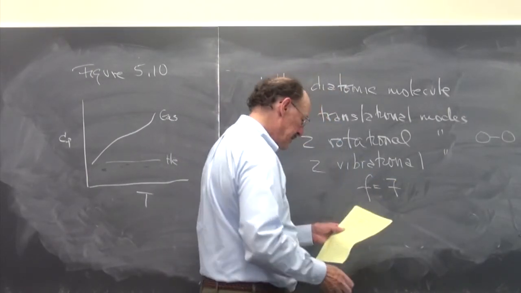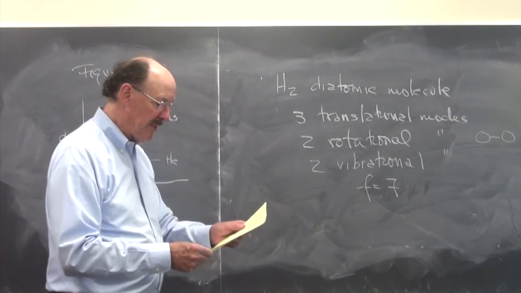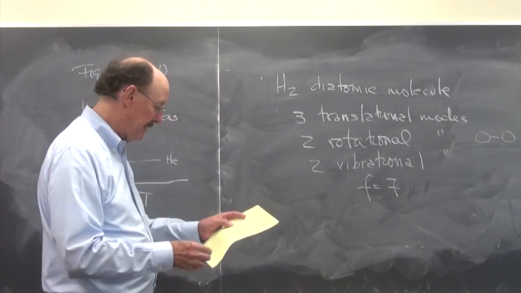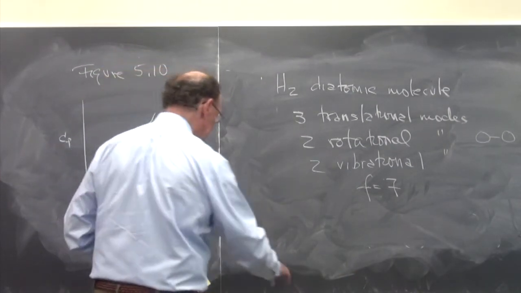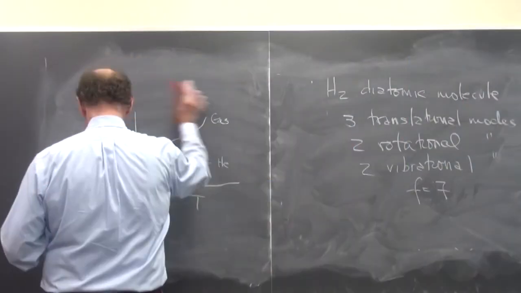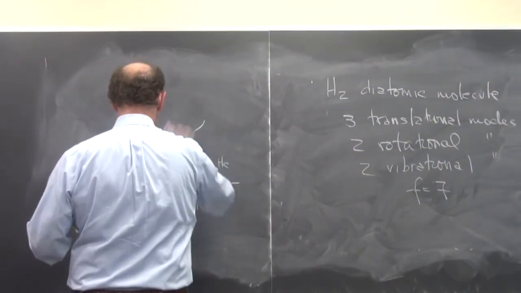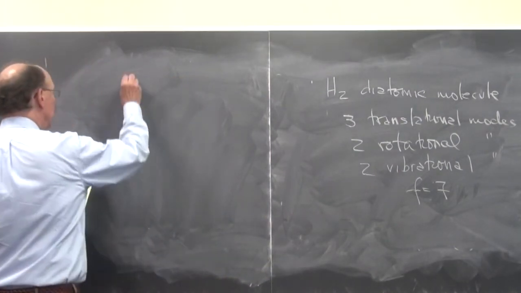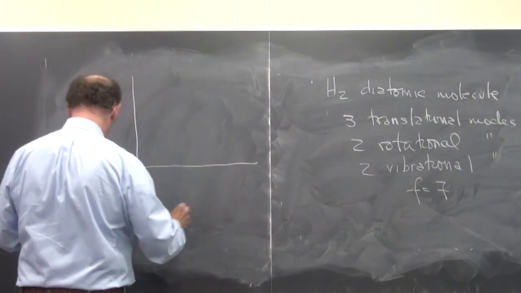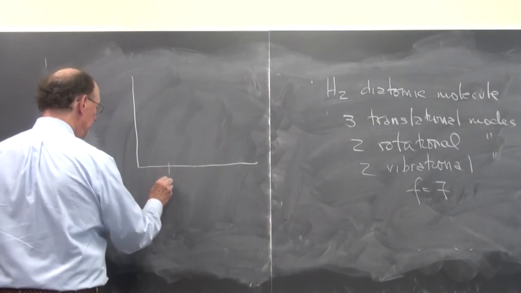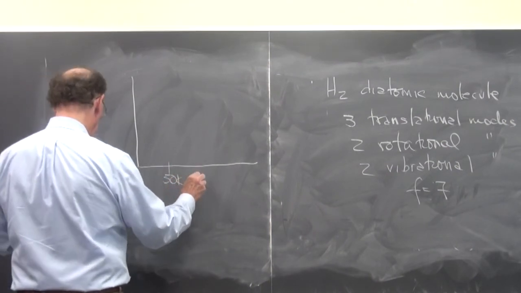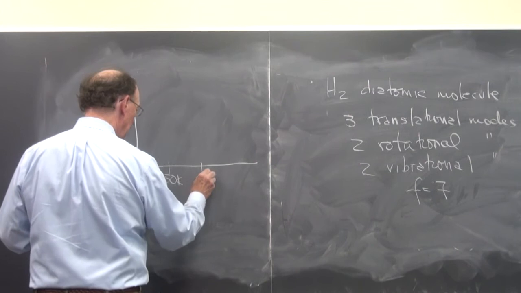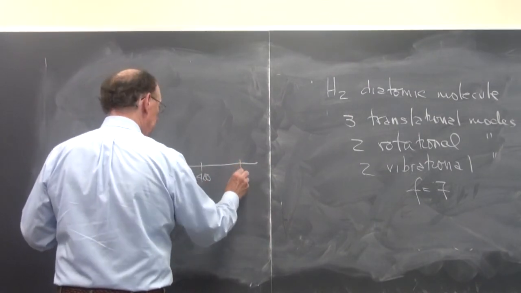So F is equal to 7, and if we plot this on the C sub P versus temperature diagram, which is in the text, it's a log temperature function. So if I have 50 degrees K, 400, 3000.